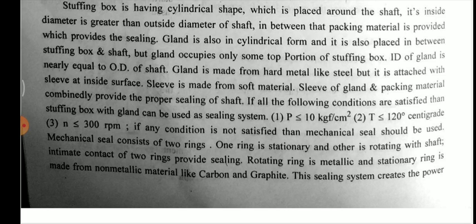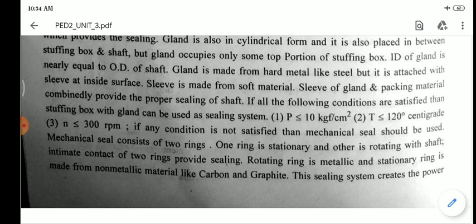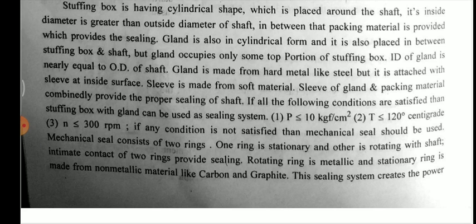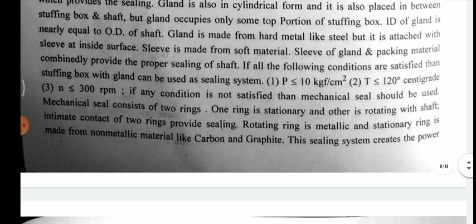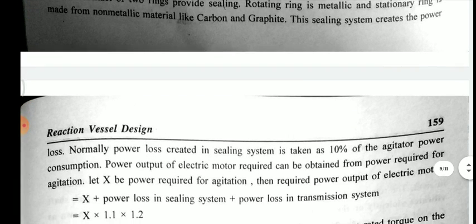Mechanical seal consists of two rings. One ring is stationary and the other is rotating with the shaft. Intimate contact of the two rings provides sealing. The rotating ring is metallic and the stationary ring is made from non-metallic material like carbon and graphite, and this sealing system creates power loss.